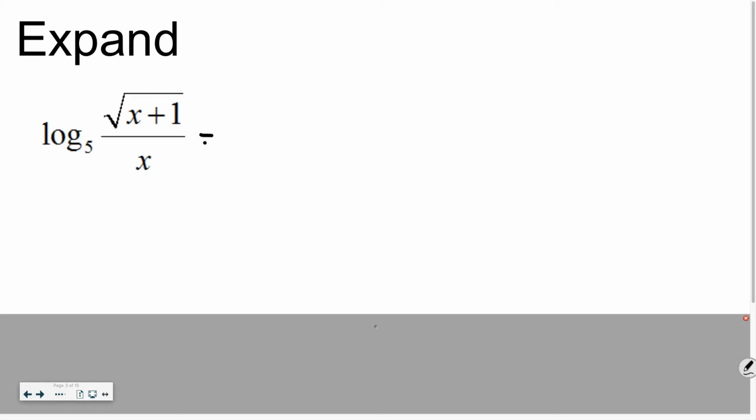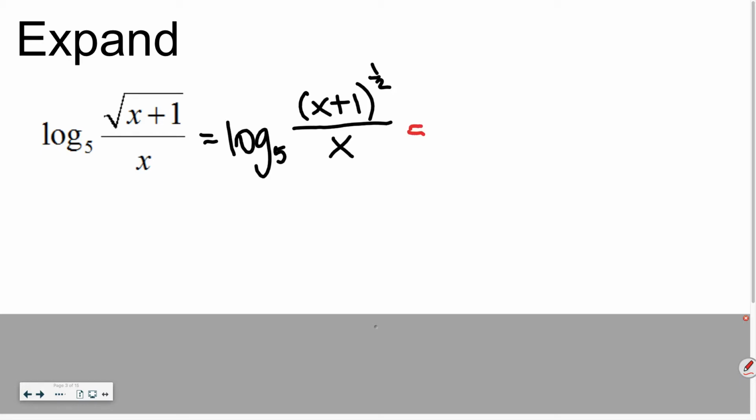Okay, so we like to think of this as log base 5 of x plus 1 to the 1/2 power divided by x. So when we go to rewrite this as an expansion, since there is division inside, we can write this as the difference.